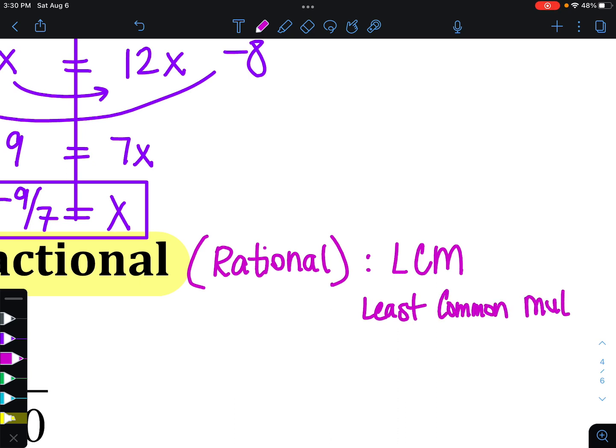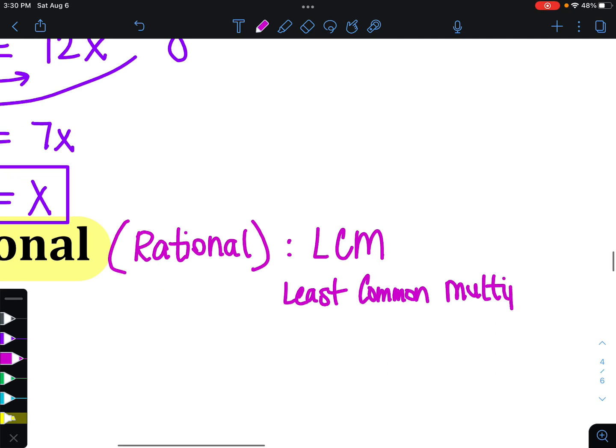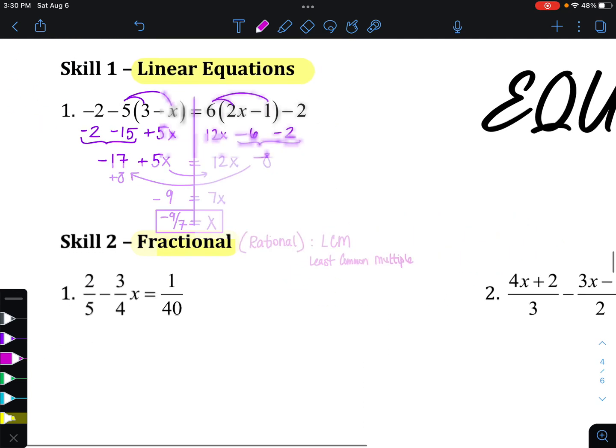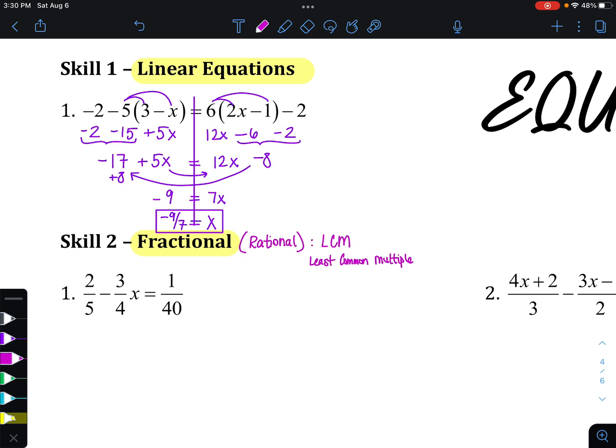This least common multiple is going to help us clear out the fractions so that we can turn this fractional equation into a linear equation, because as we see, those are just way easier to deal with.